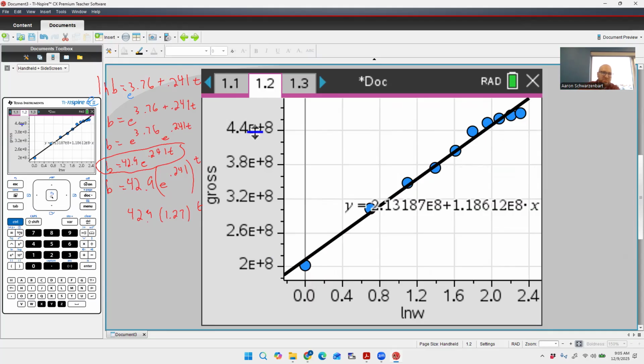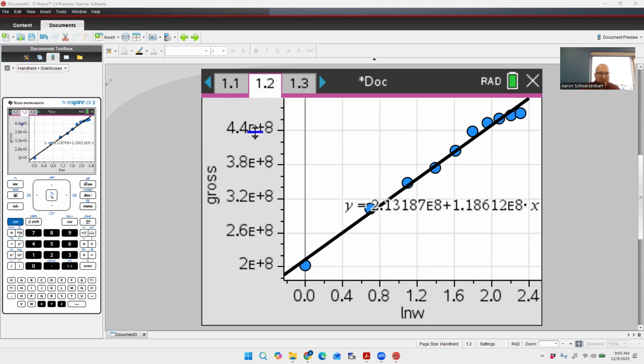So we get this kind of crazy graph. Okay, let's clear you out. So I'm getting gross equals 2.13 times 10 to the eighth.